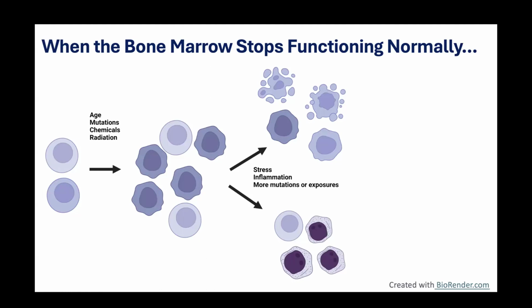Now, what this can do is go in a few different ways. One, you stop producing cells, and that causes the anemia, the thrombocytopenia, or the leukopenia in general, which causes those issues I was talking about. Or the alternative is it can progress to either myelofibrosis, which is where the marrow becomes fibrotic, meaning it scars over and can't really support blood production anymore.